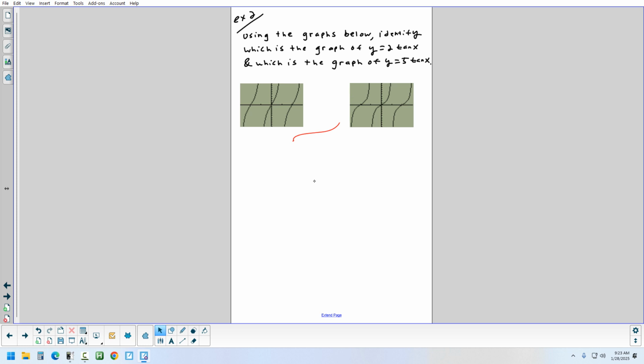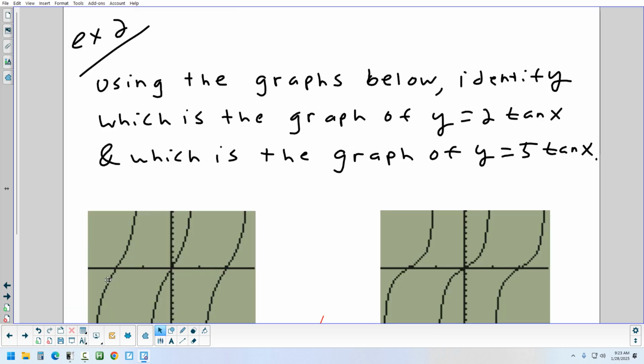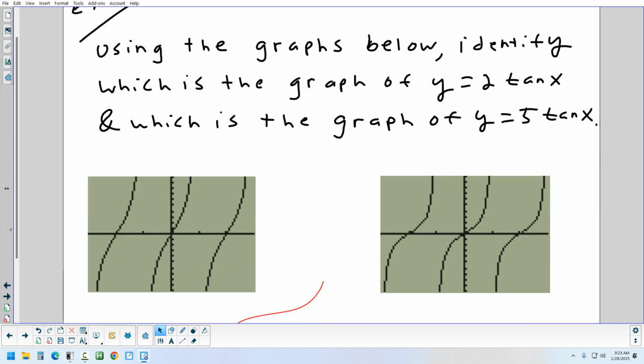Left is 5 tangent, right is 2 tangent, because 5 tangent is more stretched out, looks skinnier. Yeah, the more you stretch it, the less apparent that curve becomes. Versus when I compress it, now you can really see the curve more. So the one on the left has been straightened out a little bit because it's been stretched more.